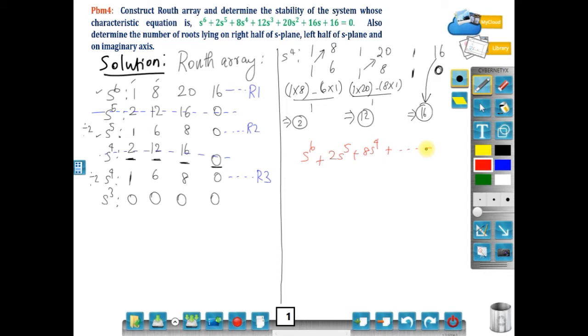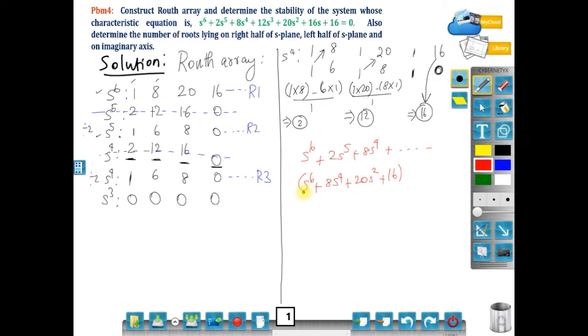The row R1 can be written as s power 6 plus 8 s power 4 plus 20 s power 2 plus 16. The elements of R1 we can write as a small equation.